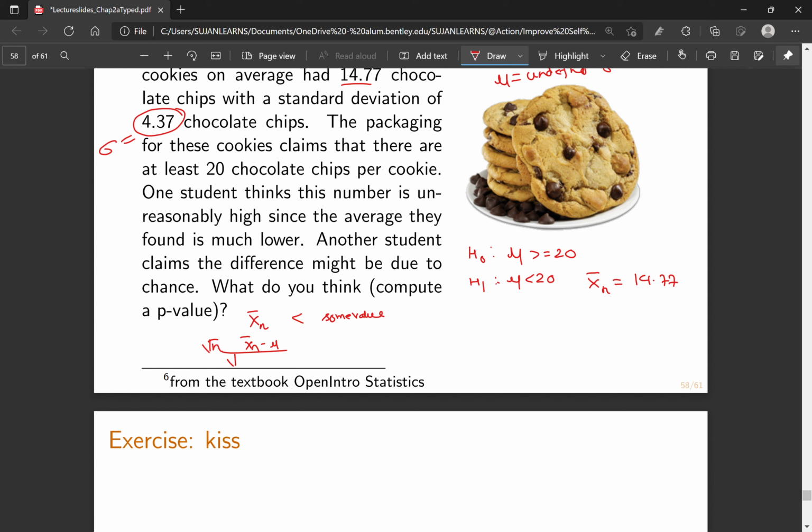Let me quickly check what value that is, because I forgot right now.